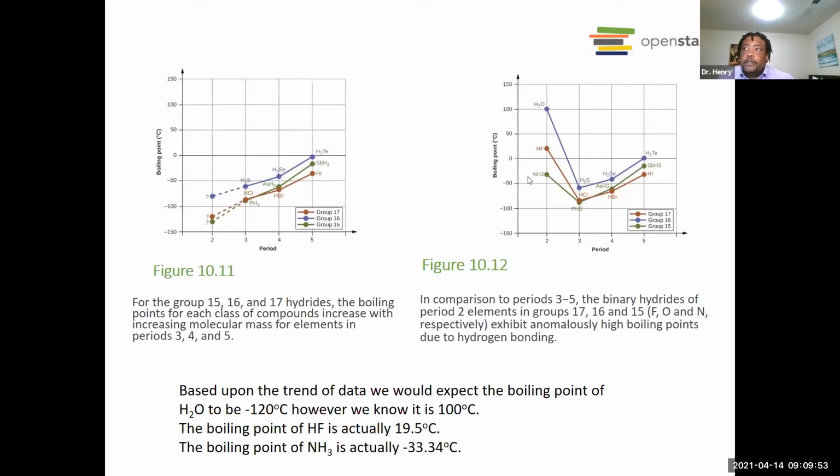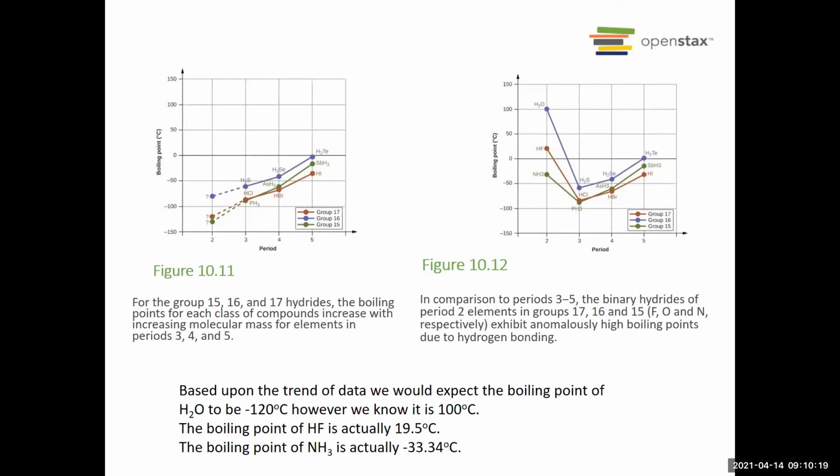The boiling temperature of ammonia is minus 33.34 degrees Celsius. Just the addition of those strongly electronegative entities causes a huge increase in the boiling point. Does that make sense?